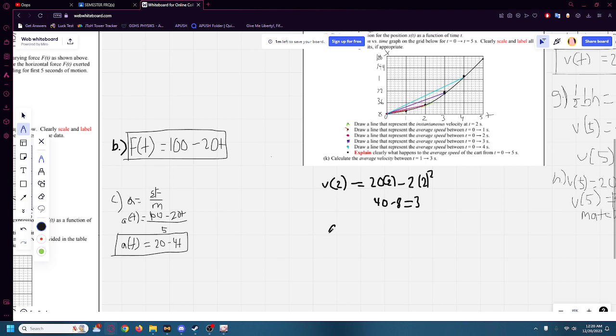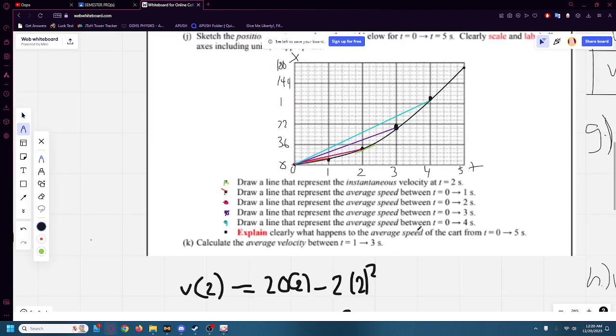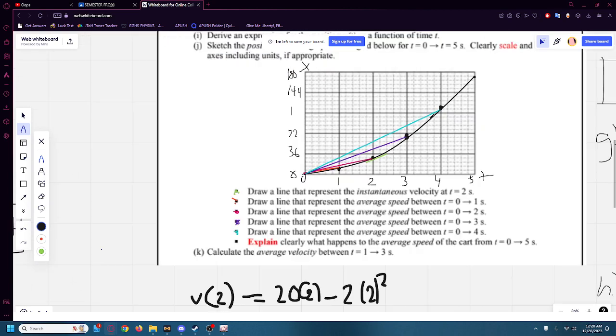So average speed increases every second. Another way you can tell is how the lines are getting slightly steeper every single second.